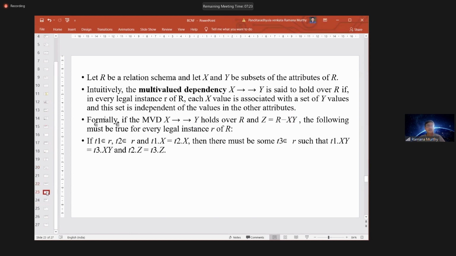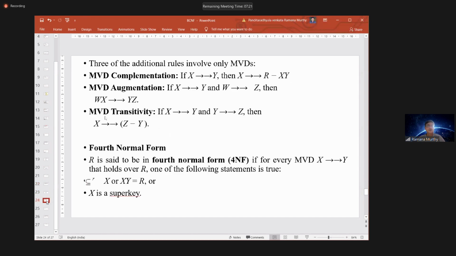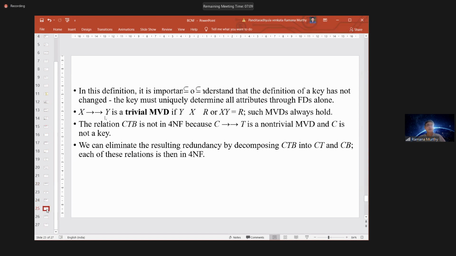That is called the fourth normal form. So simply, we can say the fourth normal form applies when the table is having the multi-value dependency and you are unable to identify simple functional dependencies. Okay, right. So X derives Y is the trivial functional dependency. Generally, you identify that particular X value as a whole.